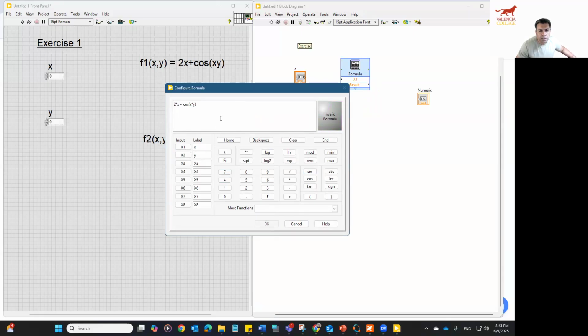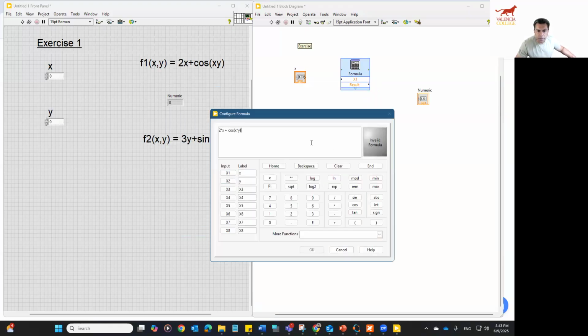Why does it say invalid formula? Let's see. x, y, 2x plus cosine x times y. Okay, why is it saying invalid formula? Okay, it's because of the spaces that I put around the plus sign. So don't put any spaces.